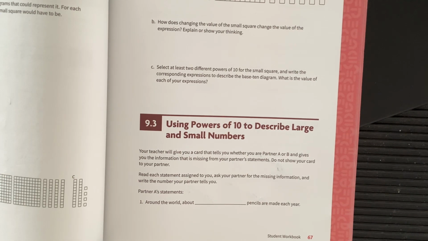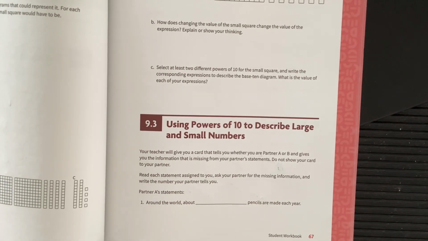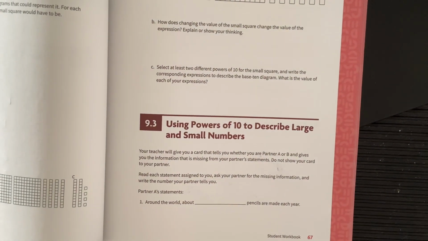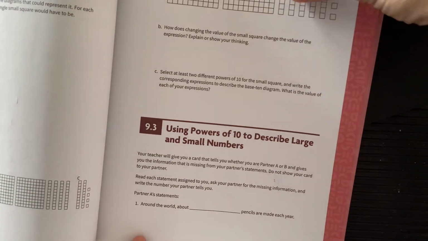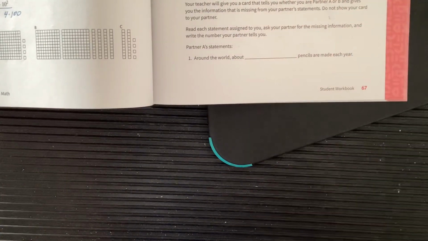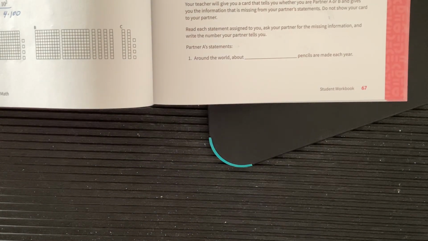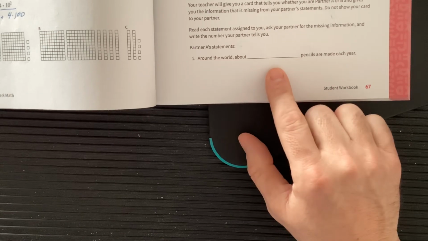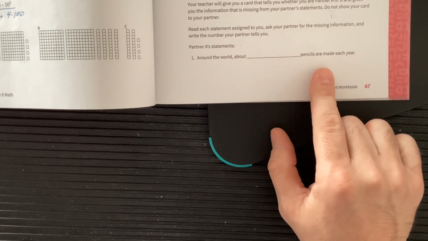All right, so here's what's going to happen. The person on the right, I tried to give the same card. You should have one that says you are partner A. Partner B, you're going to see what this says. If I am partner A, I'm going to read, around the world about blank pencils are made each year.